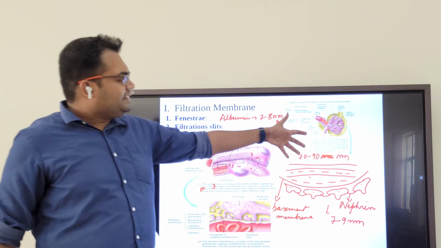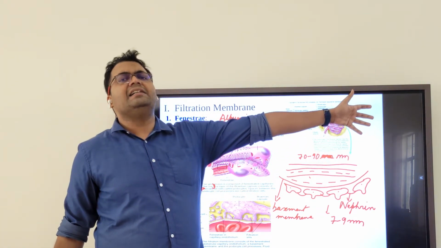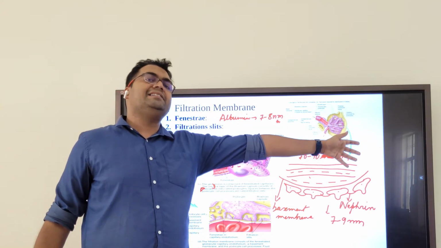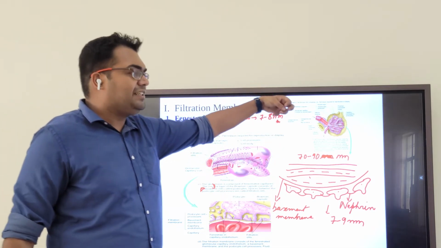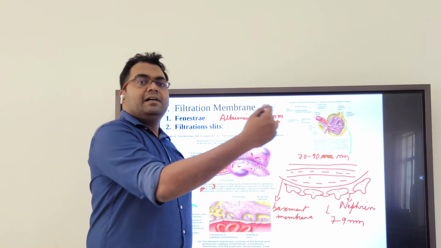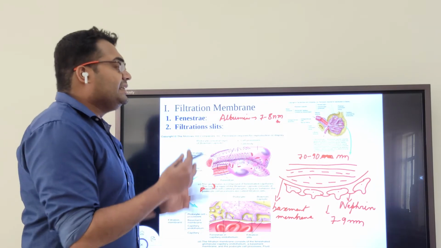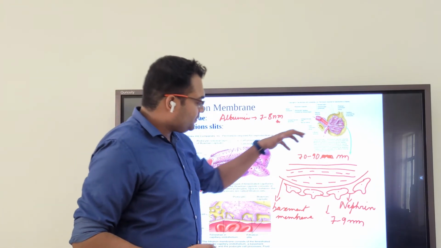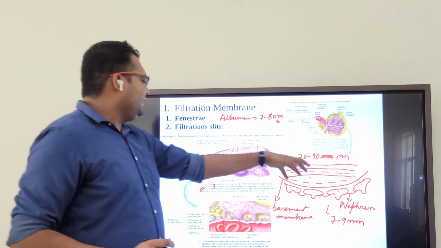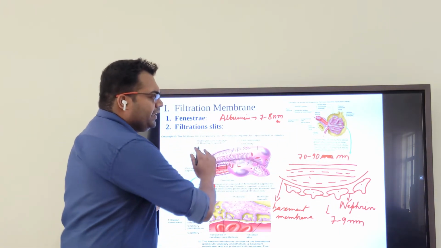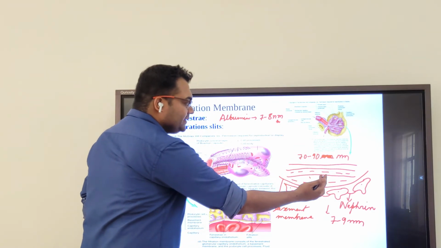All the albumin is trapped here only and it stays in the circulation. And hence it maintains the hemodynamics. It prohibits the formation of edema in the vascular system, in the systemic circulation. So this is the specific route that is followed by the glomerulus.